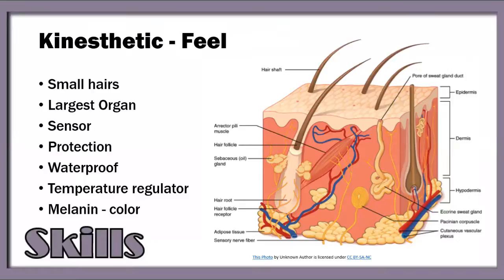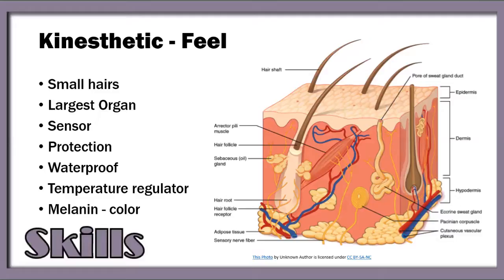But it is the largest organ on the body. And we have a lot of sensors here in our skin. If we look there at the image, you'll see a lot of receptors. You'll see some fat cells in there. You'll see the different muscles and different pieces in there. So a lot of information is being pulled in by our skin.